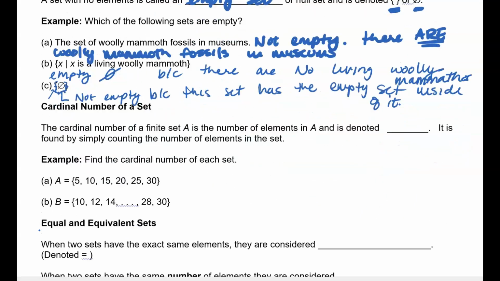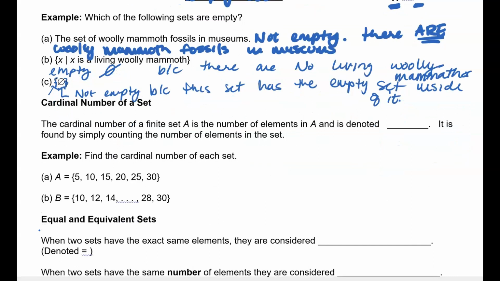With sets, if they're finite, it's sometimes helpful to count how many items are in a set. For example, if a scientist is studying animals, they might want to know how many mammals are in the set of mammals, or how many amphibians are in the set of amphibians. To count them, we consider the cardinal number of a set.